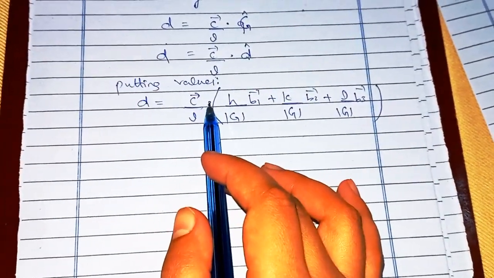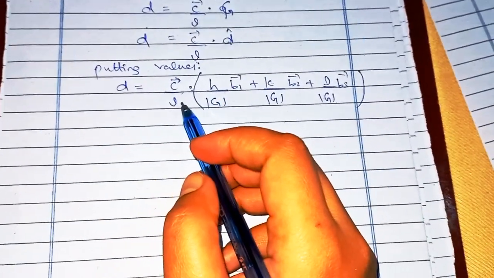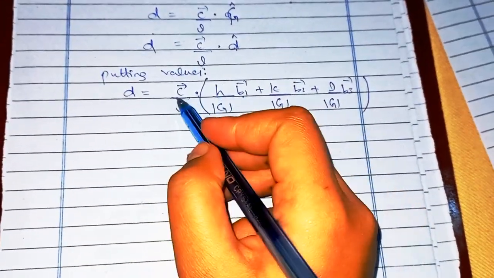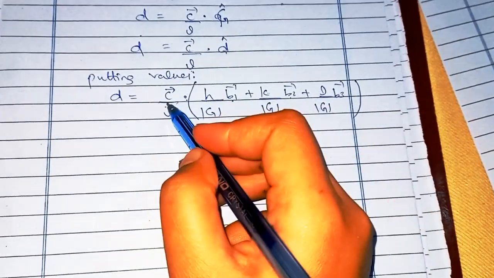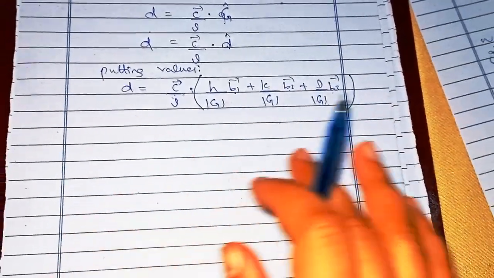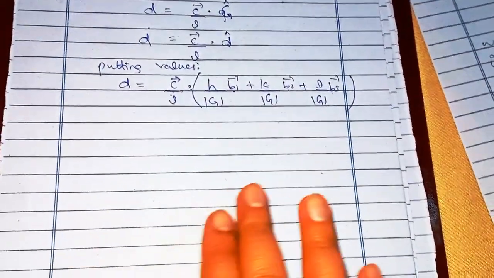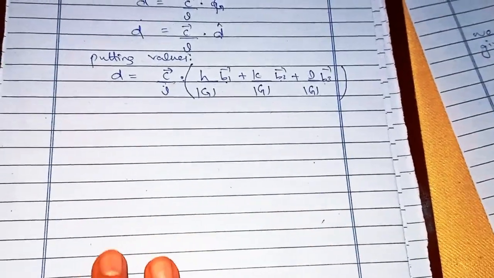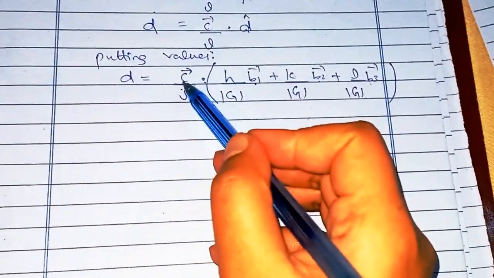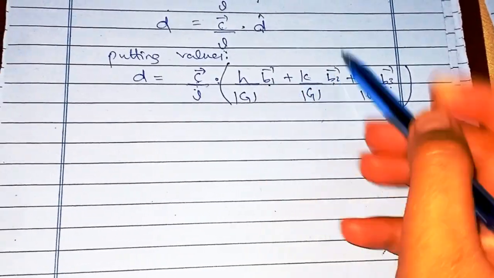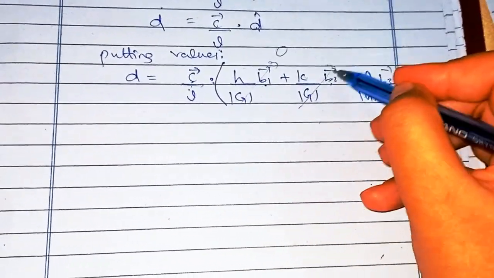Now let's find out the dot product between these. And as I told you earlier, A is parallel to B1, B is parallel to B2, and C is parallel to B3. Only parallel vectors are multiplied with each other in the scalar product because they are the only ones which have non-zero scalar product. So we'll be multiplying C with B3 only, since we don't have A and B for these two, so they will go to 0 automatically.